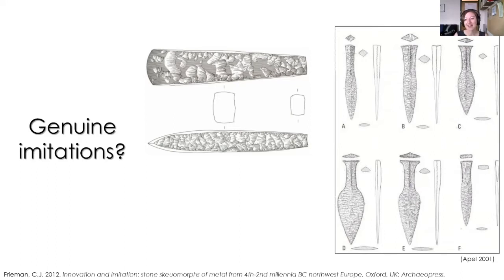The stitching on the handles is a stylized version of the corners of these square-butted, thick-butted axes that are very common in Scandinavian prehistory for about 1,000 years before the flint daggers come in. And the way that they're being made is a really interesting play on the form of these axes, because the axes are pretty straightforward to make and they would have been a very well-known object type.